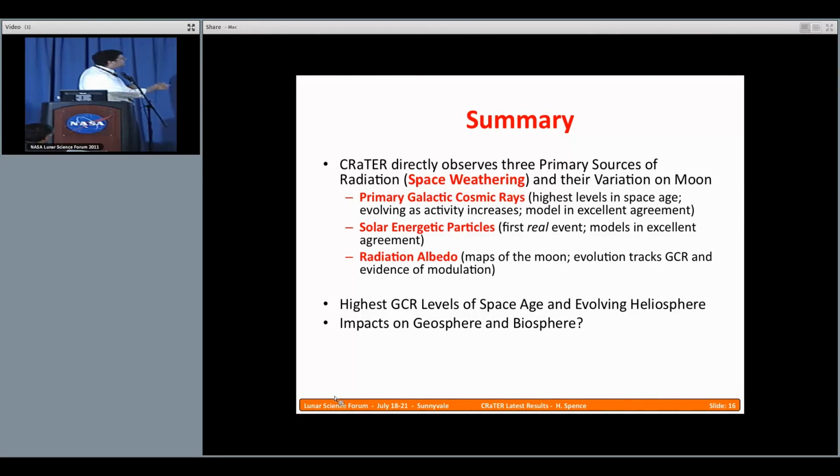The prime example is the radiation albedo, in which we see the moon really being cooked by this radiation and the radiation coming back to us. And these force questions to us about the changes in our heliosphere and the potential results on the geosphere and the biosphere, the effects for life throughout our solar system and in extrasolar planets, and the effects on planets in general. Thank you.